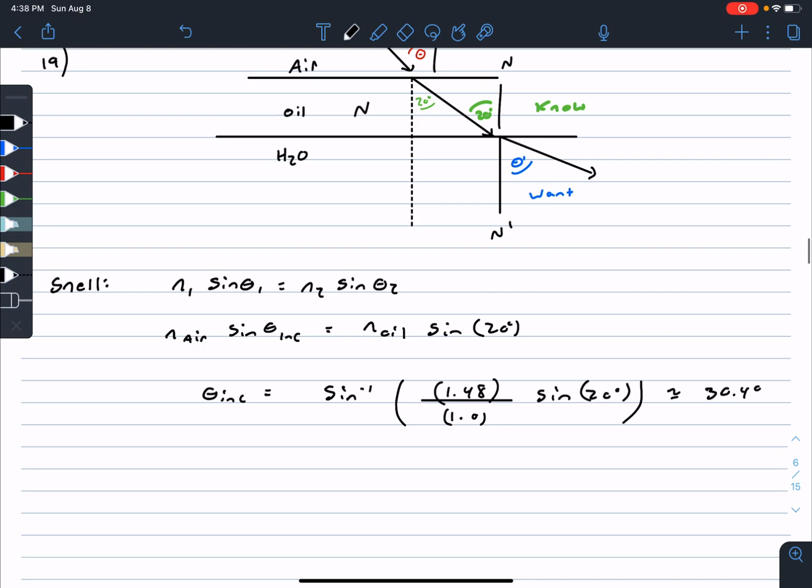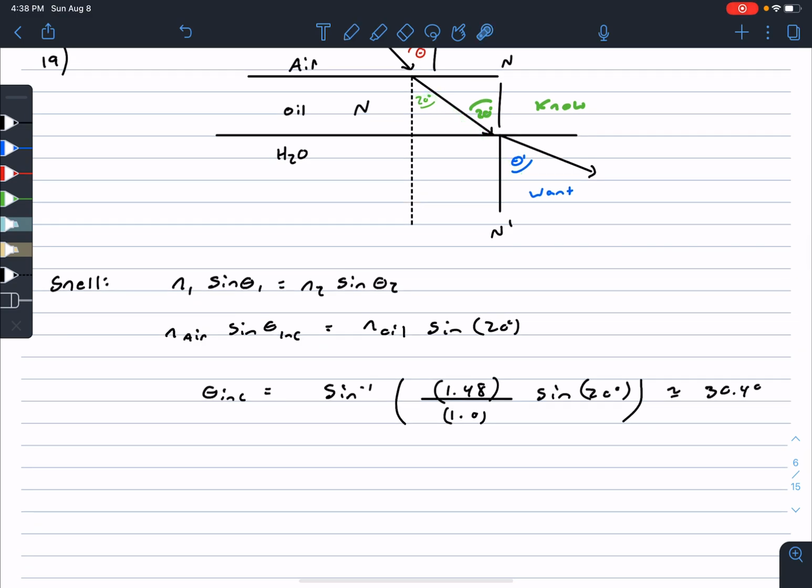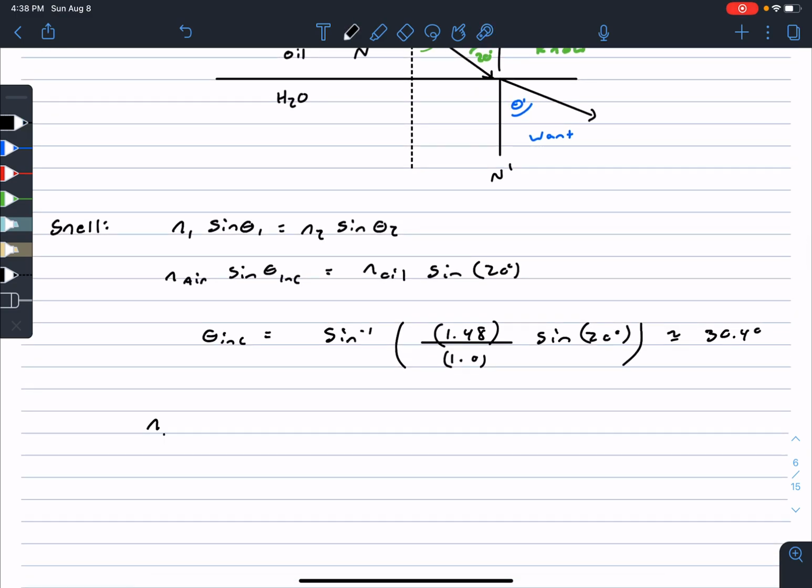We do the same thing. We apply the same formula. N oil sine 20 degrees is equal to N of water, H2O, sine of some unknown angle, right? We'll call this theta 2. In the diagram, it's called theta prime, so we'll keep it theta prime.